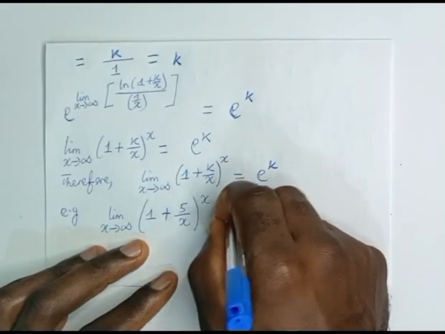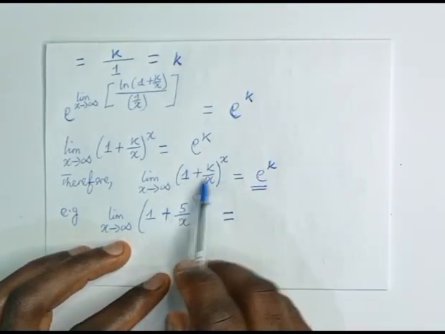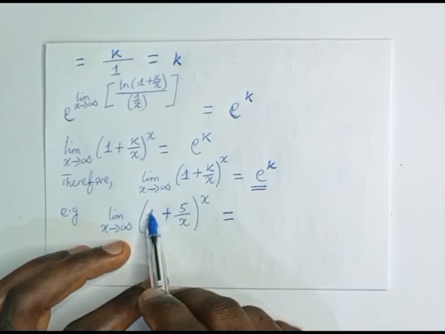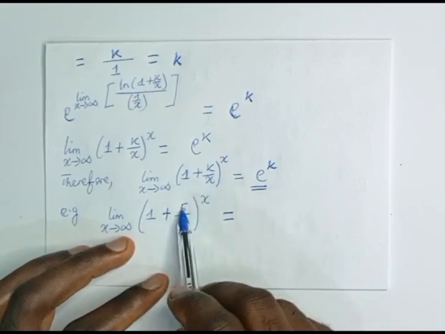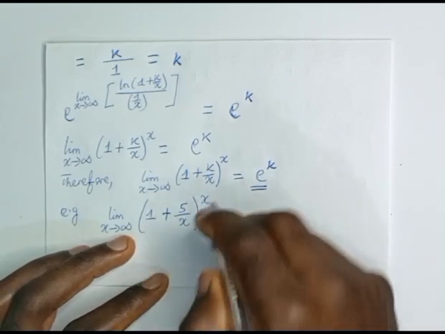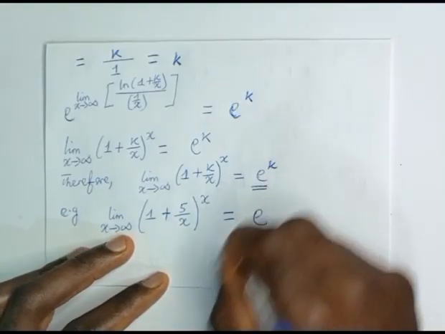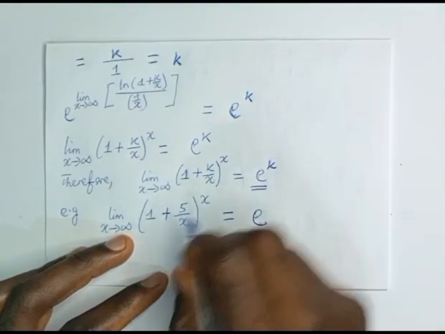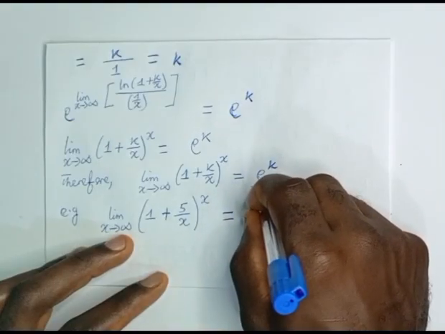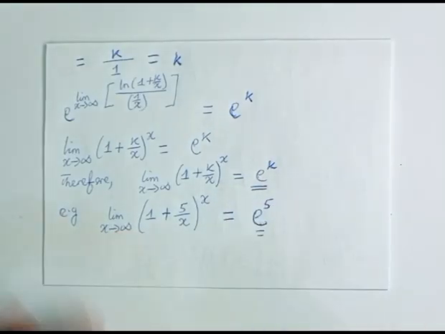It will simply be equal to, if you compare this, 1 is 1, k is 5, x remains x. So this limit will simply be equal to e raised to the power k. Our k is 5. So this is an example of how we make use of this formula. We are done with the solution of this question.